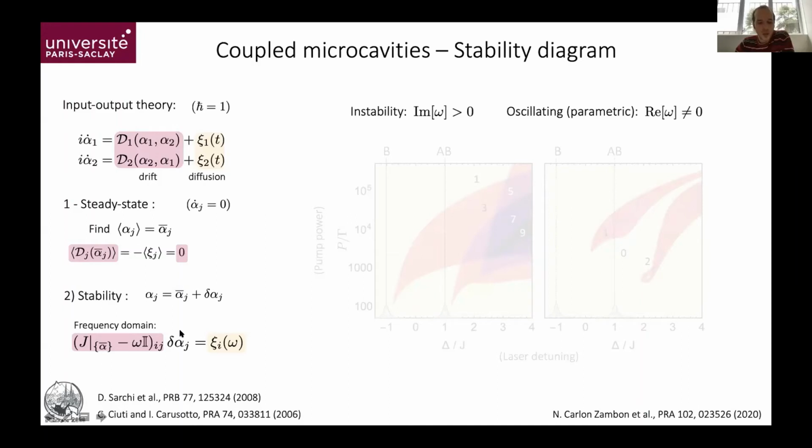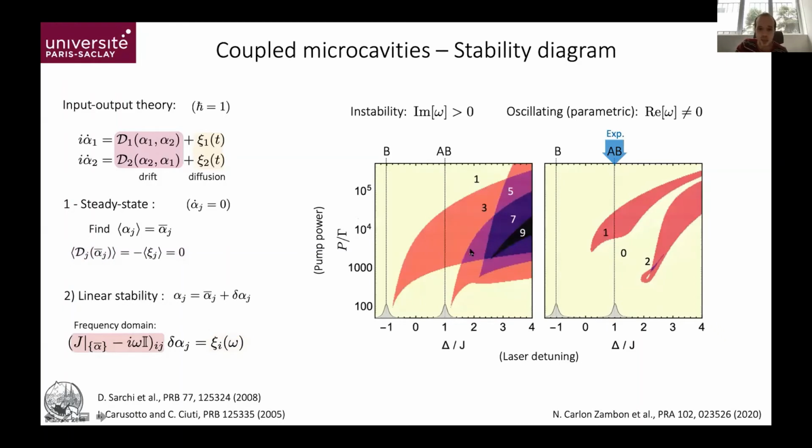And then if we have one eigenvalue of this Jacobian which has an imaginary part greater than 0 and a non-zero real part, this will correspond to an instability which has an oscillating character. And because we have nonlinearities in the system, this will mean that the resonant frequency of the resonator will be modulated over time, and thus it will generate a parametric instability.